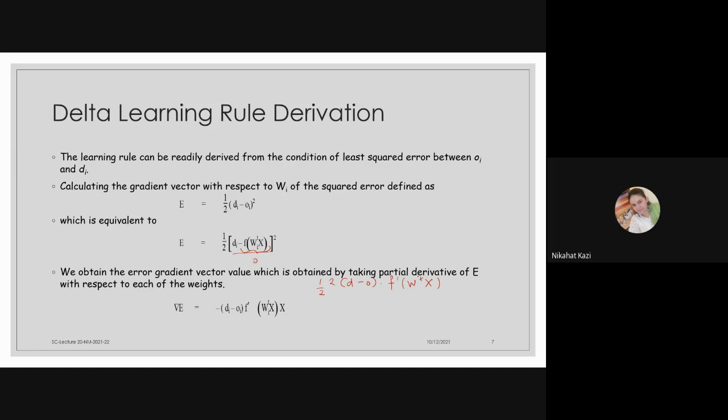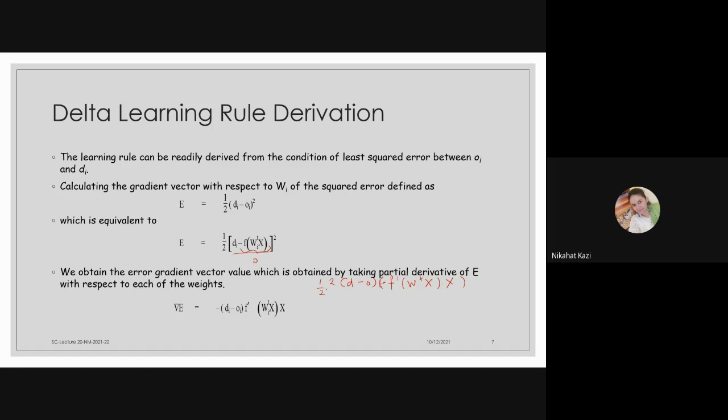Since we are considering the i-th input, for that particular i the x vector will be multiplied, because you are taking the differentiation with respect to W. One more thing is a minus sign will come outside, because it is the derivative of d minus o.